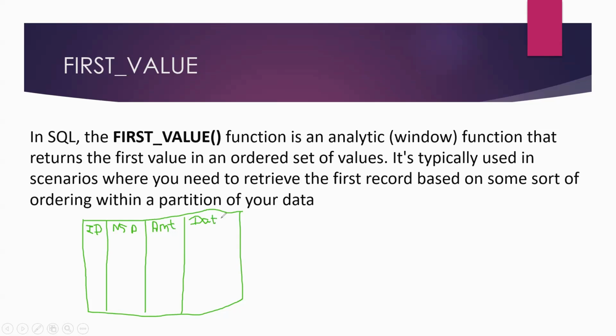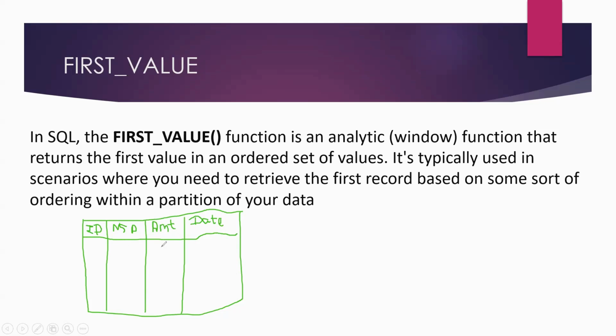Okay. So here, let's suppose we want to extract the value generated by each salesperson. What is the first value generated by each salesperson on a particular date? In this scenario, we can use our first value window function.